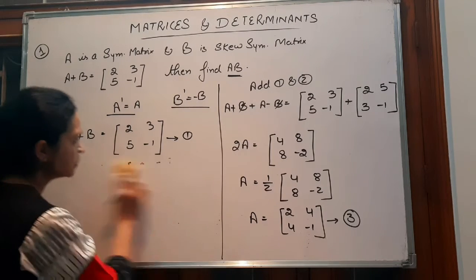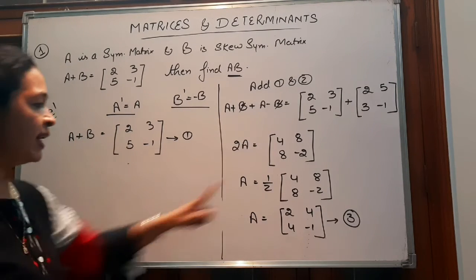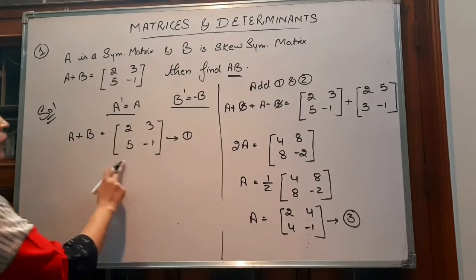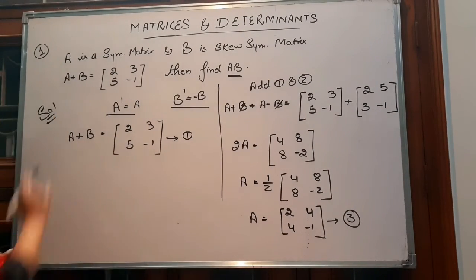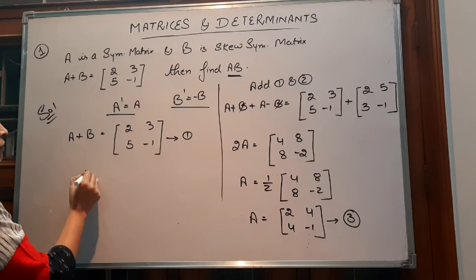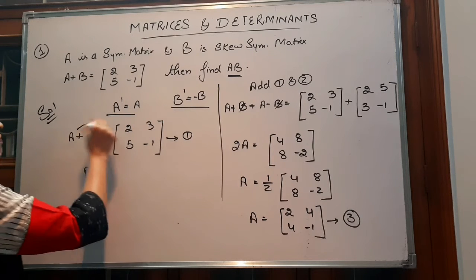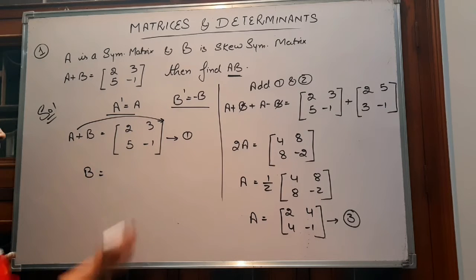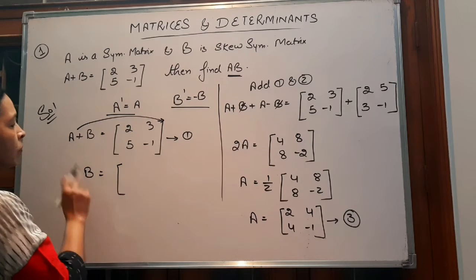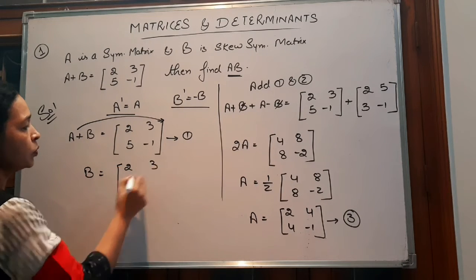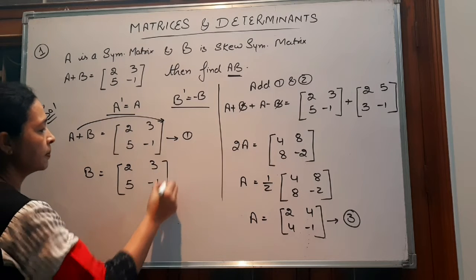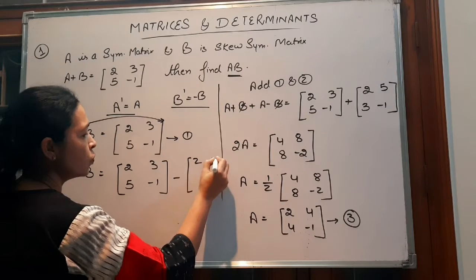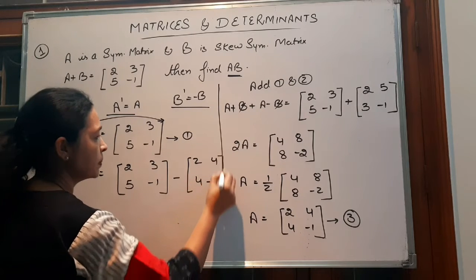Now what we will do? We will put the value of third in the first one. In the first one we have A plus B equals this matrix. How can we find matrix B? If we subtract matrix A from this matrix, we will get matrix B. For getting matrix B, 2, 3, 5, minus 1 minus matrix A, which is 2, 4, 4, minus 1.